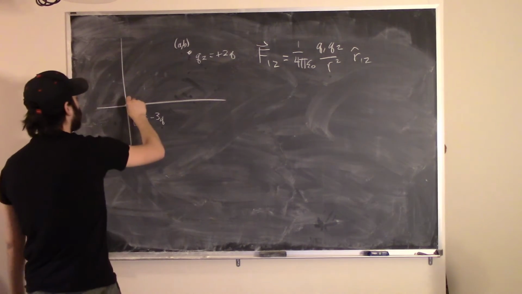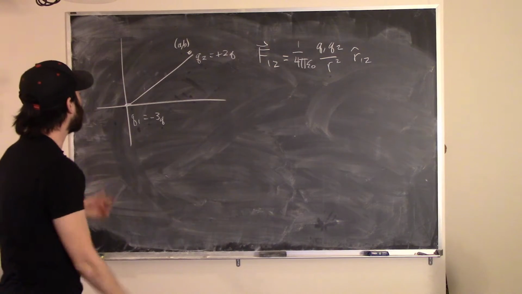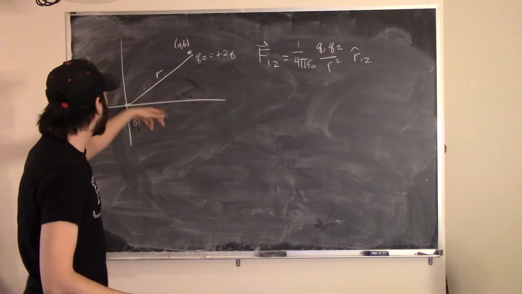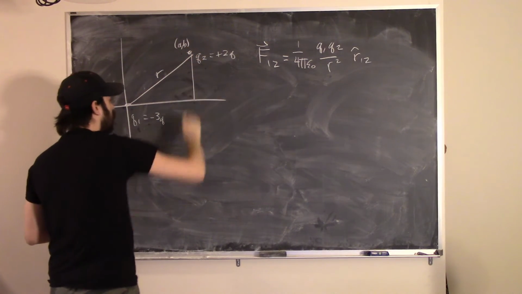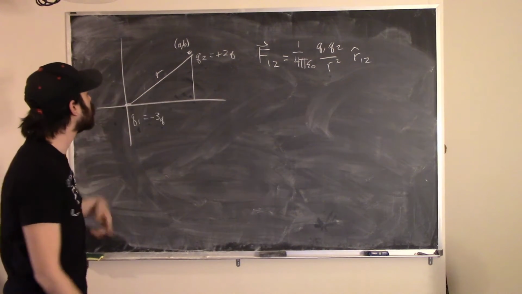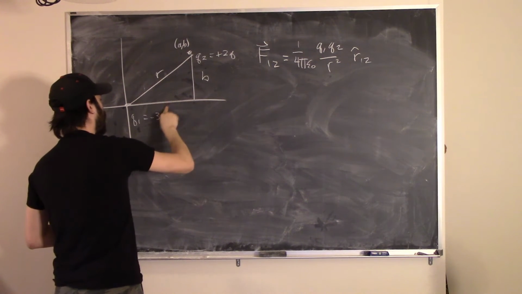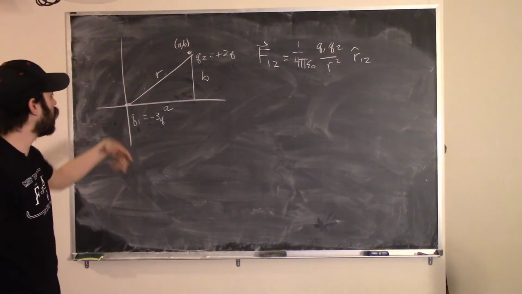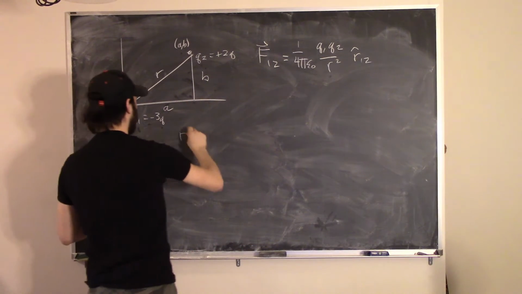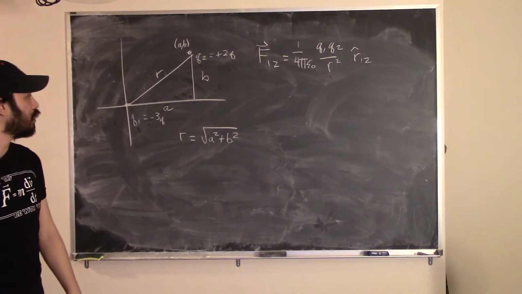The first thing I'm going to do is draw a line that goes from Q1 to Q2, and this line is going to have some length R. Now, in order to figure out what R is, I can extend a line down here, and we see that we have a triangle. Now we can say that this side is some length B, this is some length A. And so to find R, we can go back to our old friend Pythagoras and say that R is equal to the square root of A squared plus B squared. Okay, so that determines R.